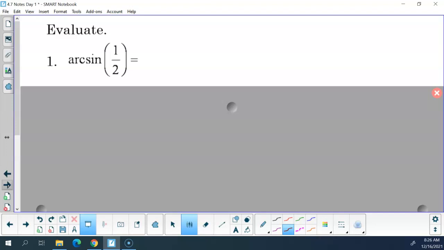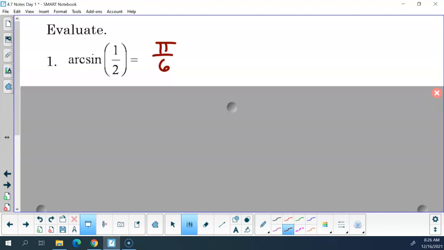So where on the right half of the unit circle is my y value 1/2? Pi over 6. So the angle here is pi over 6. It's not 5 pi over 6, because that's not on the right half of the unit circle. That's outside the values that I can get.